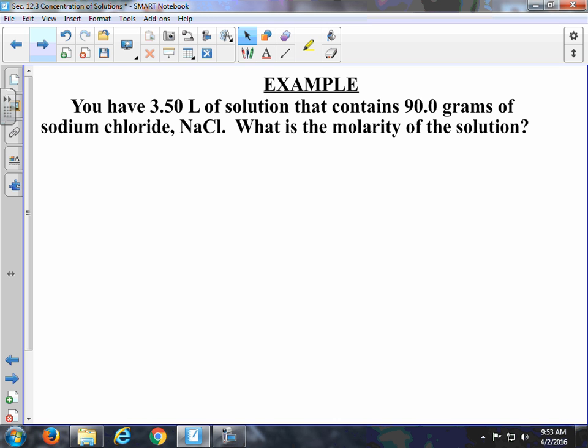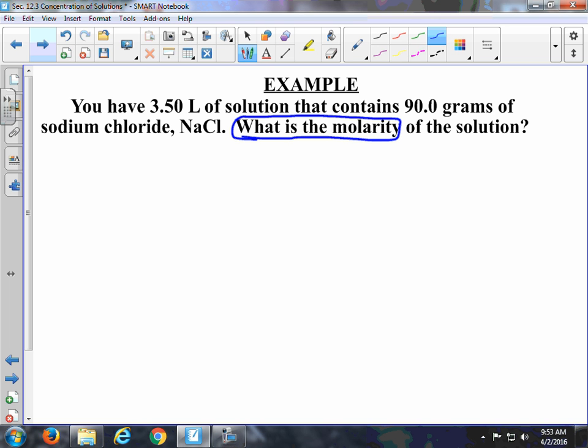So first question. You have 3.5 liters of a solution that contains 90 grams of sodium chloride, NaCl. What is the molarity of the solution? So we are asking for capital M. Remember that molarity is equal to moles divided by liters.